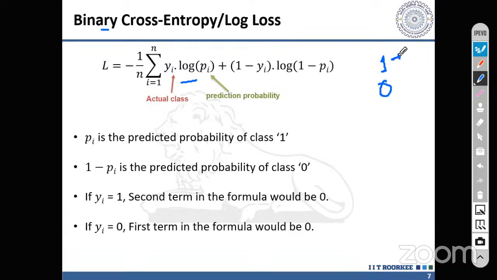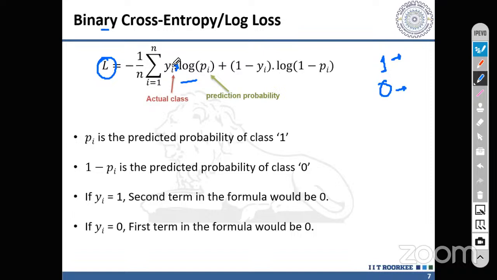If I'm considering this one as salmon, then the other is 0, one of these categories. When I'm considering the loss function, the error is calculated using this formula. You see there are two terms: yi into log pi, plus 1 minus yi into log 1 minus pi. It is multiplication.